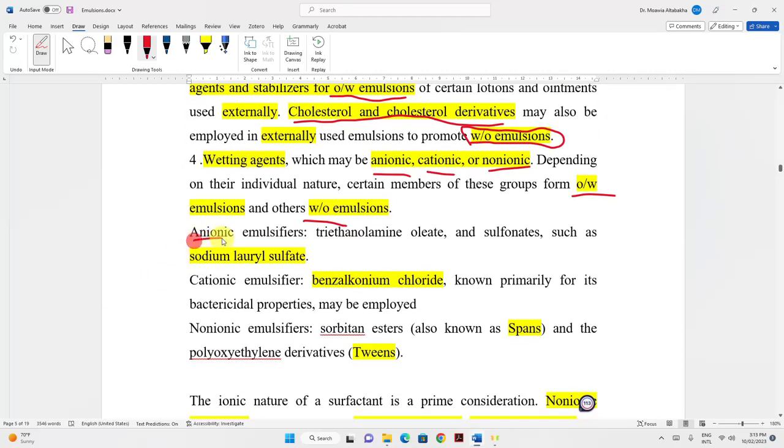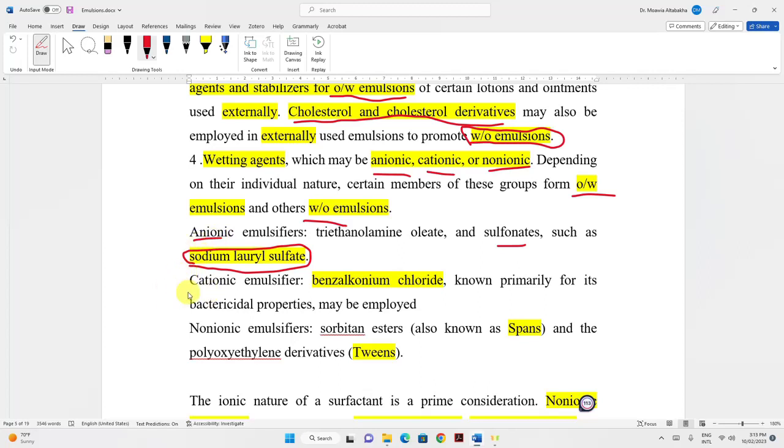Examples of anionic surfactant or emulsifying agent are triethanolamine oleate and sulfonates. With sulfonates, an example is sodium lauryl sulfate. This is a very famous example. You may find it in shampoos, for example. Okay, this is an emulsifying agent.